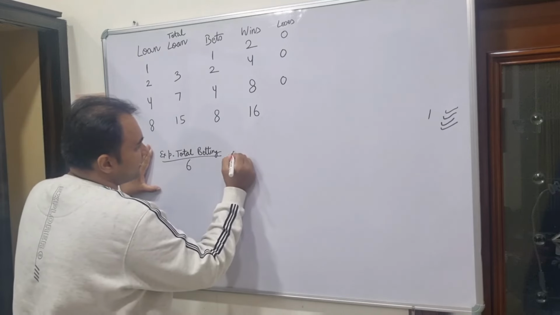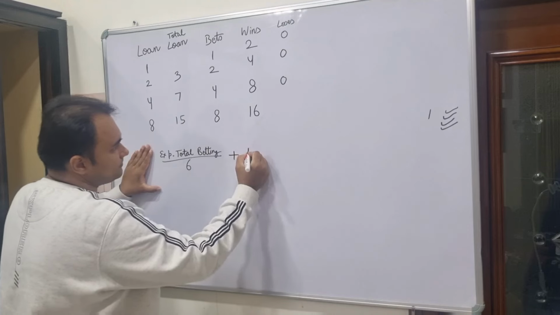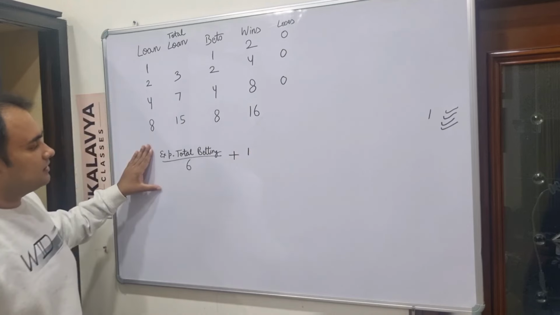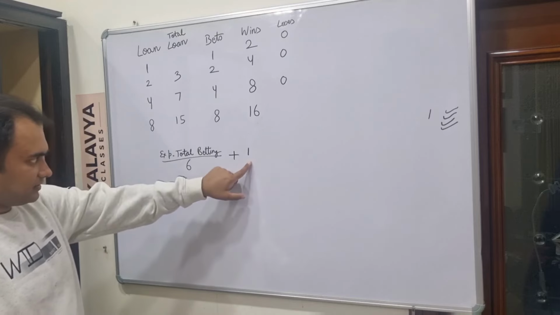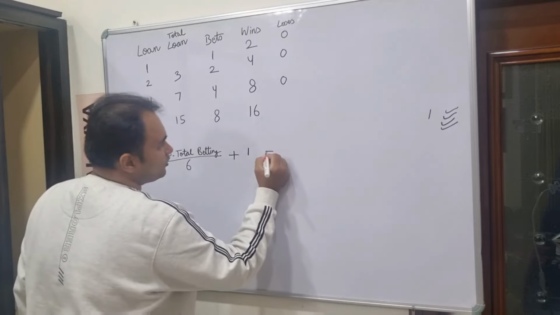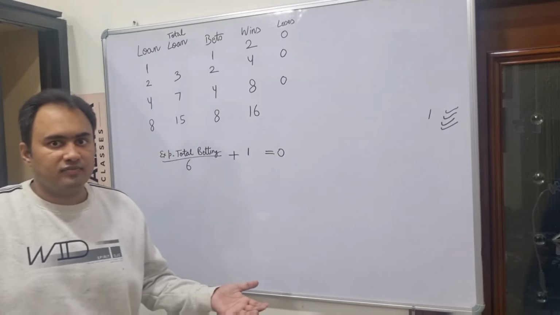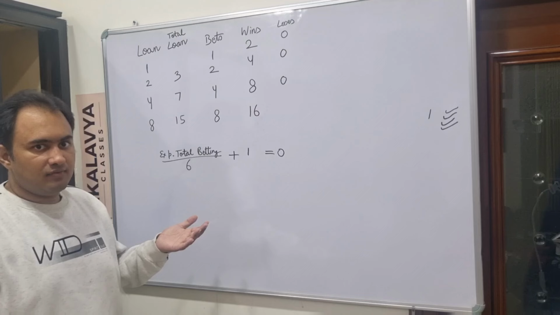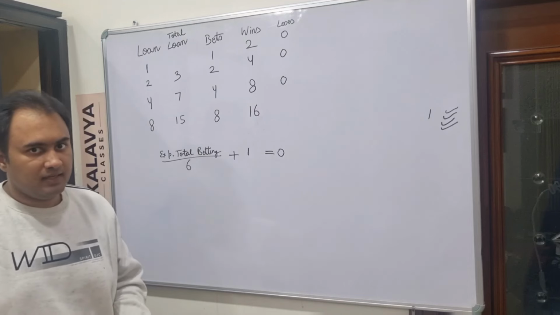And if we add the expected winning of the player, which is 1 unit of money, the sum should be equal to 0, because money cannot be generated out of thin air. If someone is winning, someone has to lose by an equal amount of money.